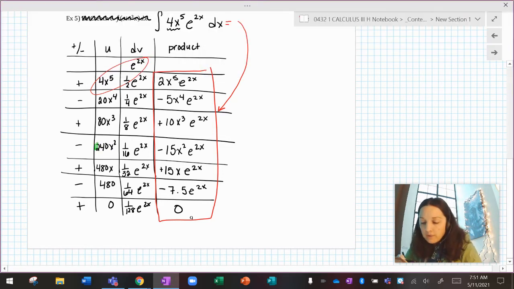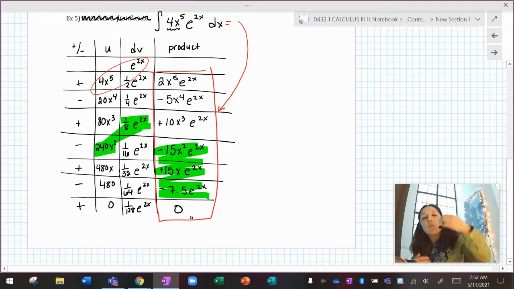Let's say you wanted the antiderivative of 240x squared times 1/8 e to the 2x. The antiderivative of that would be all of this stuff. And so what we end up doing is, later on, when we do some integration by tables, which are really like preformed formulas, some of those preformed formulas come from these patterns that we see in these charts. So I wanted you to see another example of the chart so we could do that.